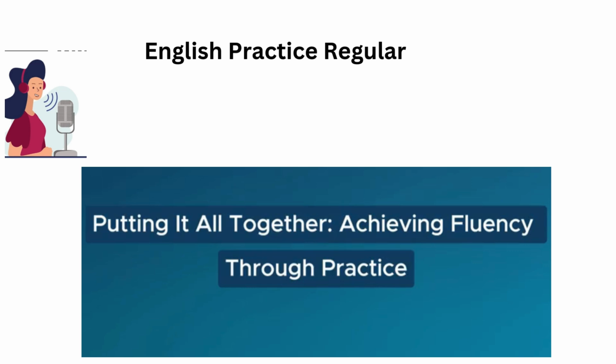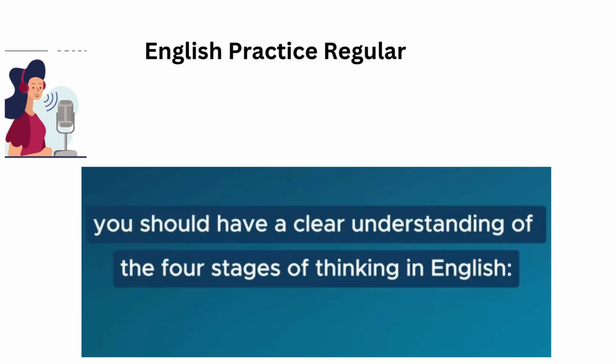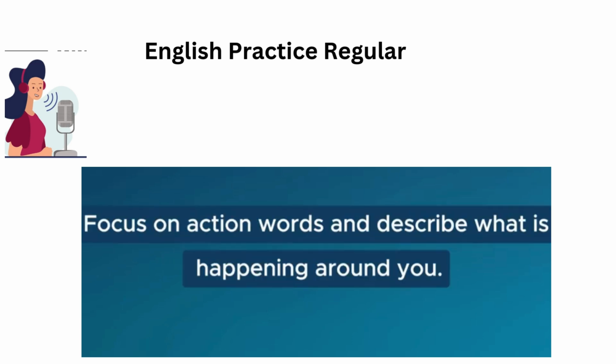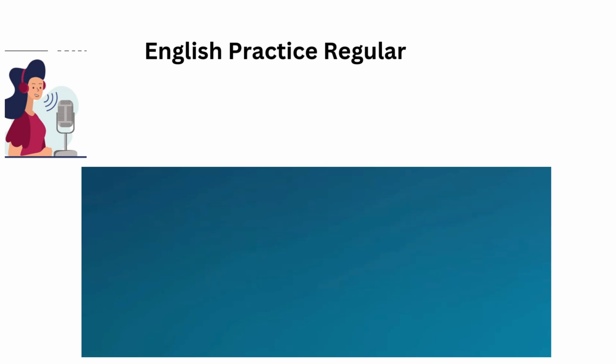Putting it all together, achieving fluency through practice. By now, you should have a clear understanding of the 4 stages of thinking in English. 1. Think in verbs. Focus on action words and describe what is happening around you. 2. Think in nouns.